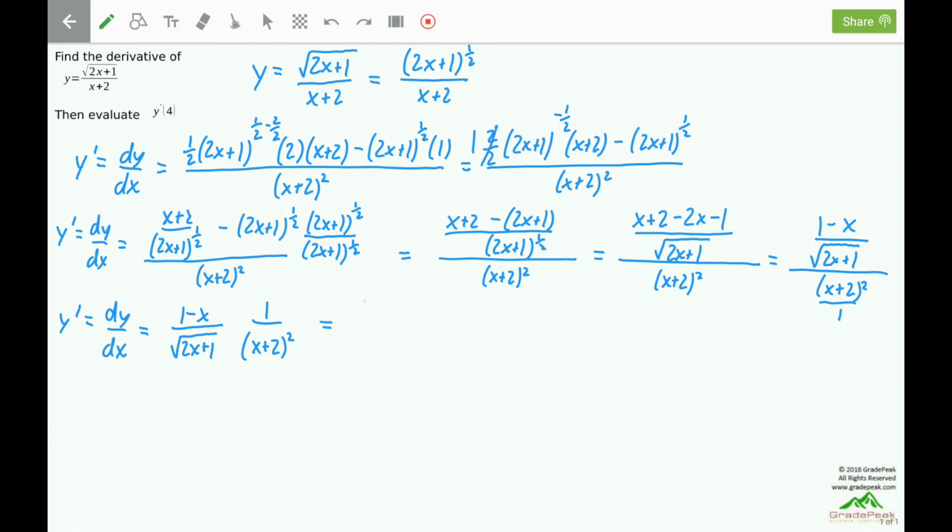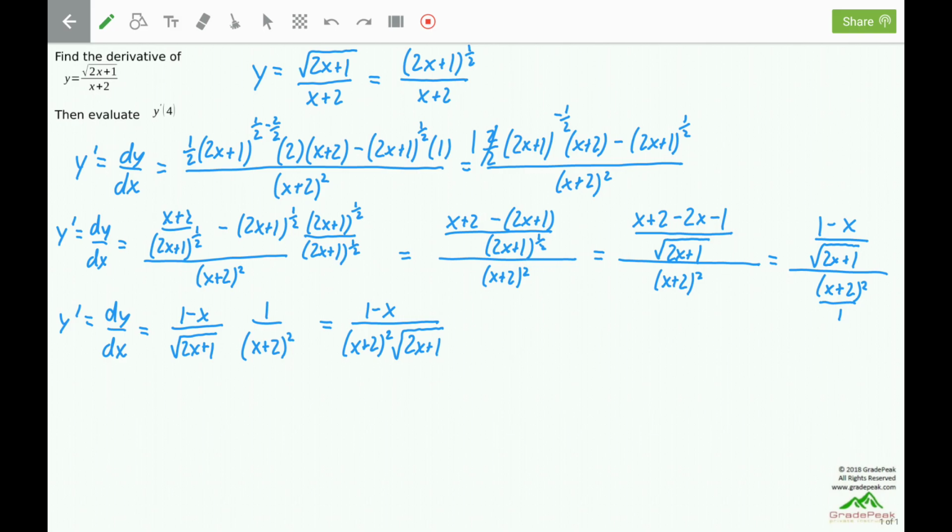Multiplying the numerators, anything times 1 is itself, so that'll be just 1 minus x. And then multiplying the denominators, let's write the x plus 2 squared first, and then the square root of 2x plus 1 second. But the order doesn't matter. They're multiplying each other, so either order would have worked down there. And there's our simplified version of the derivative.